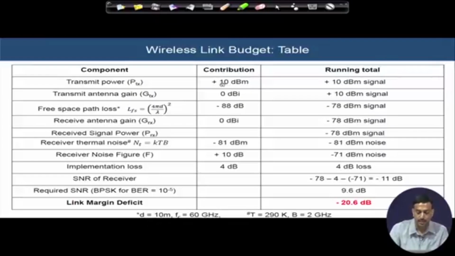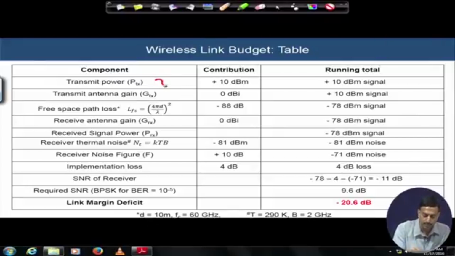So we will take the lower end of that, and as an example we will just assume that we have a transmit power of 10 dBm, with 0 antenna gain. That means there is basically no antenna gain, and therefore 10 plus 0, which is PTX plus GTX, is nothing but EIRP. So this is nothing but the effective isotropic radiated power.